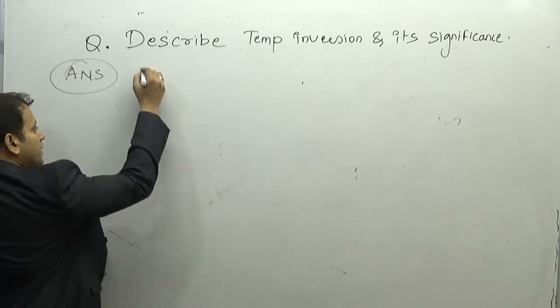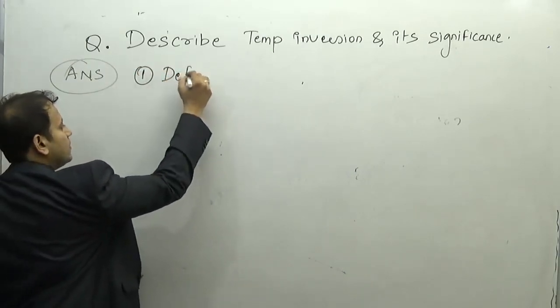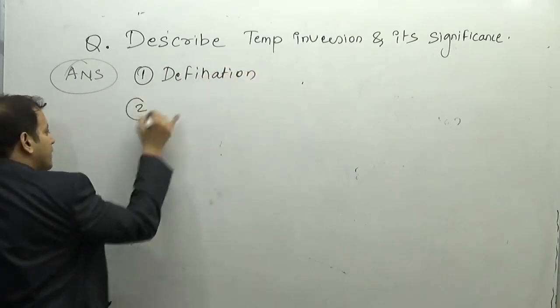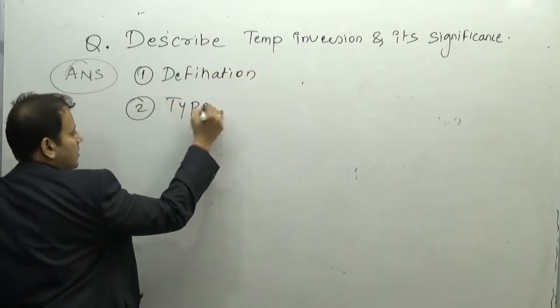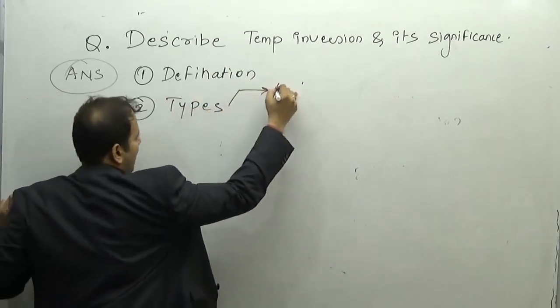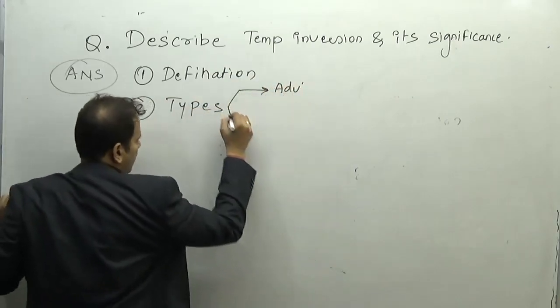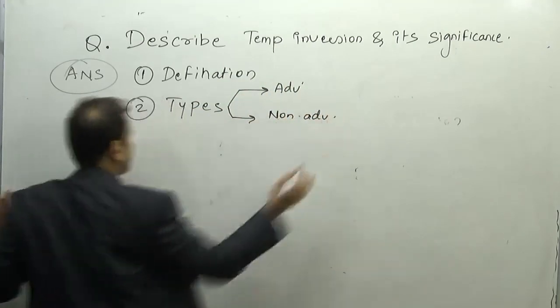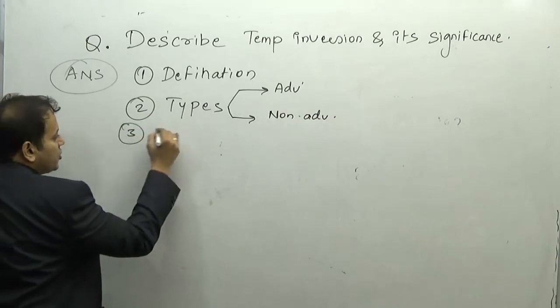First, start with definition. Then second with types. That is, there are two types: advectional inversion and non-advectional inversion. Third, explain in short.